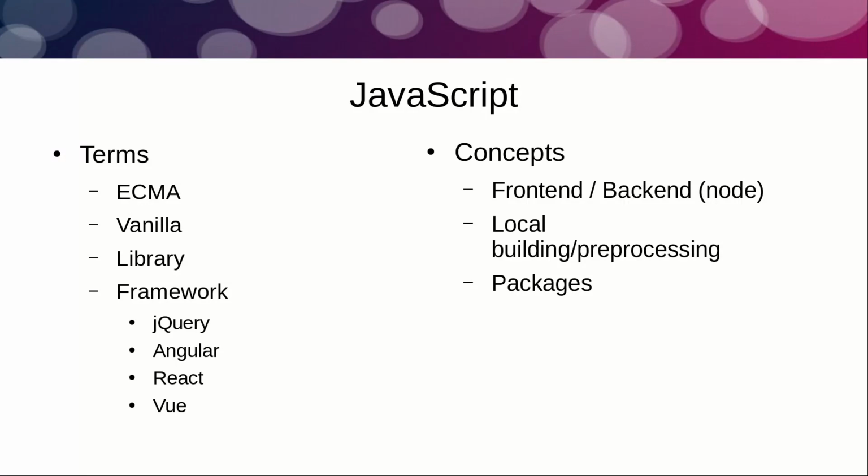That does not mean though that Node isn't a great environment. It is. It's actually pretty useful for a lot of things. We will look at that a little bit more in our local development. So that would be the next point, right? The local building and pre-processing. Node enables you to do a lot of things, and you normally don't even notice that so much.